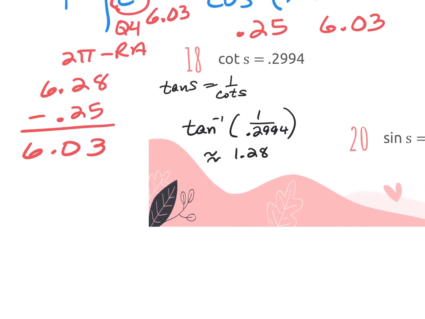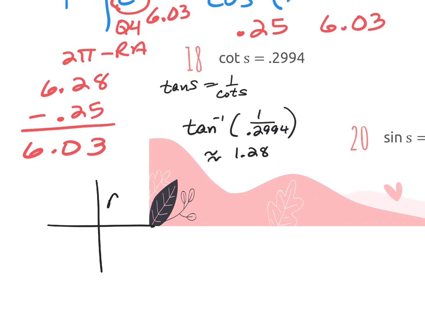Now again, let me draw my All Students Take Calculus, because I'm looking for two answers. Never list the reference angle if it is not one of the answers. But in this case it is, and in the other problem it was as well. So tangent's positive in quadrant 1 and in quadrant 3.